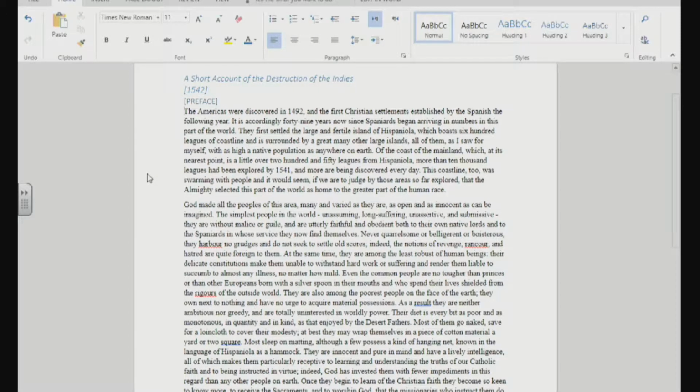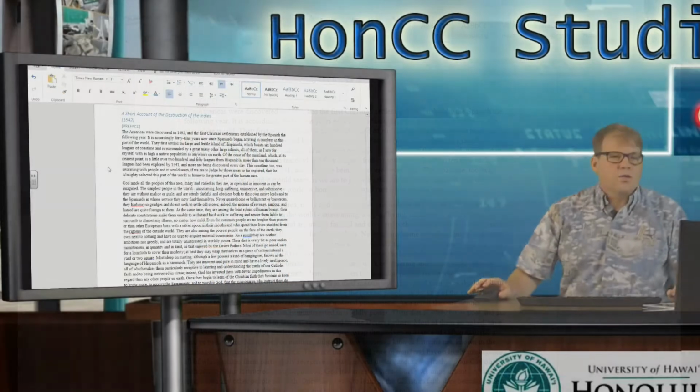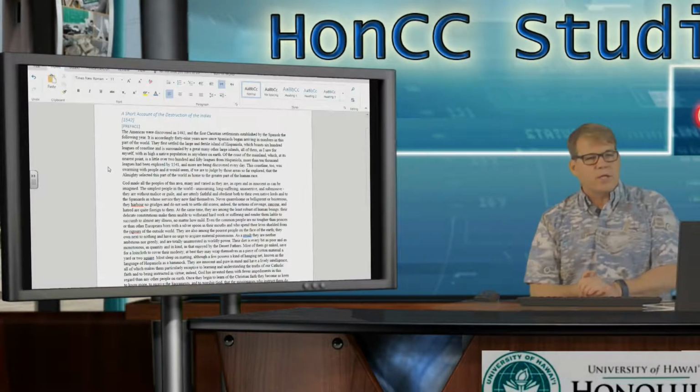Of the coast of the mainland, which at its nearest point is a little over 250 leagues from Hispaniola, more than 10,000 leagues had been explored by 1541, and more are being discovered every day. This coastline, too, was swarming with people, and it would seem, if we are to judge by those areas so far explored, that the Almighty selected this part of the world as home to the greatest part of the human race." So De las Casas here is sort of setting the stage.